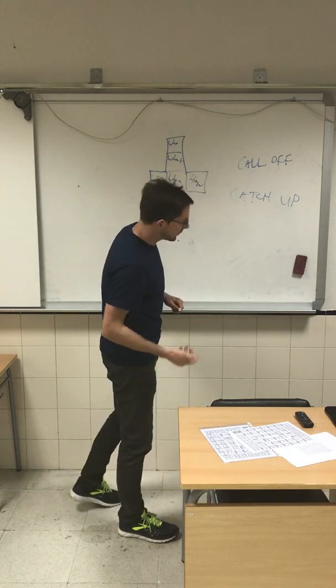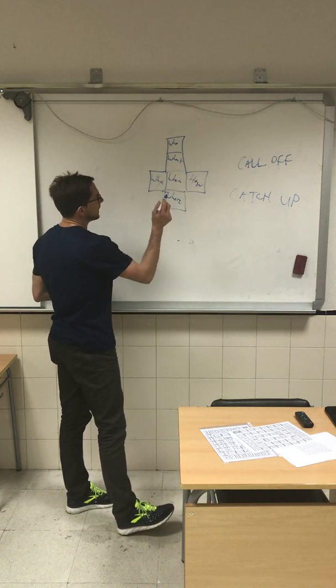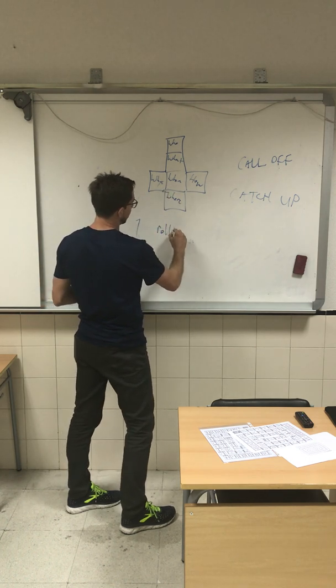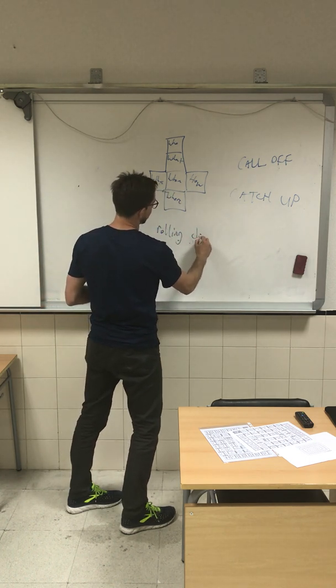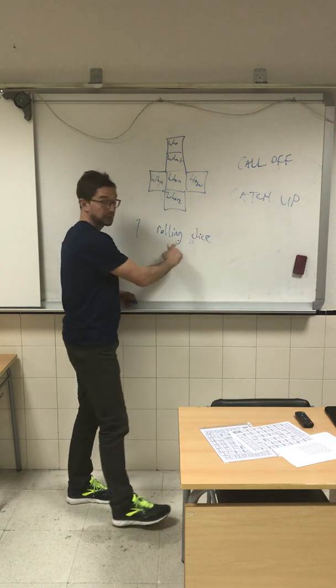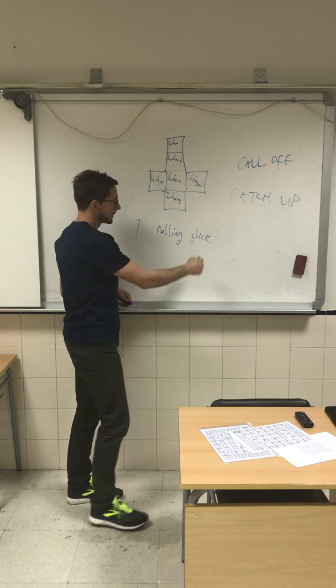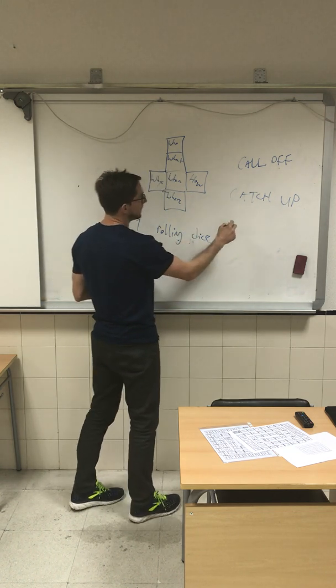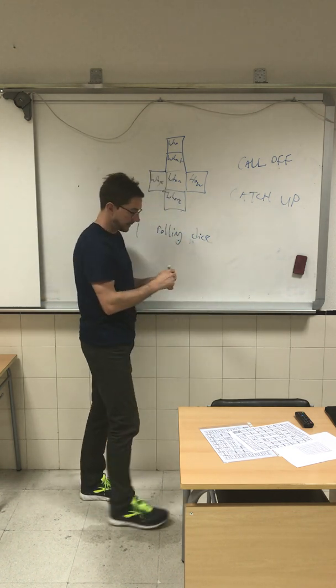Then they'll take turns. What they'll have to do is create a sentence by first rolling the dice, and that's probably 2 more words you'll have to describe, rolling and dice, and then seeing where they land on the board.